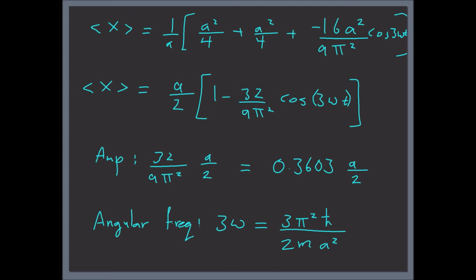There you have it. So this is the expectation value of x. Try by yourself to find the expectation value of p. Okay, it shouldn't be that hard. You just have to take a time derivative of this. Don't forget that now you actually have to do the time derivative, because this is not a constant in time.